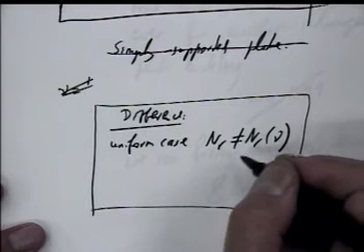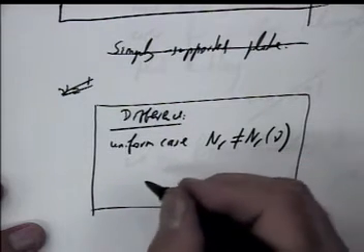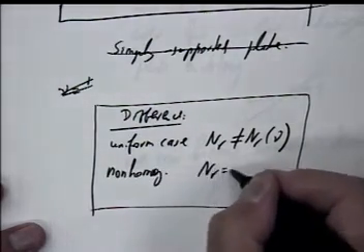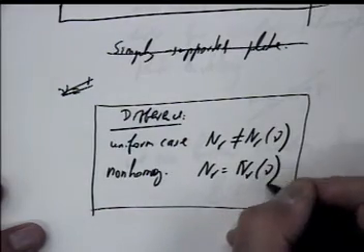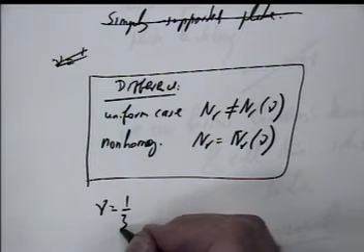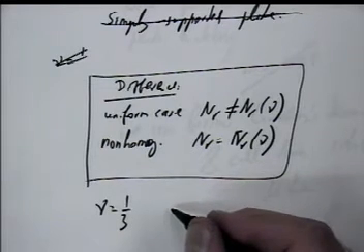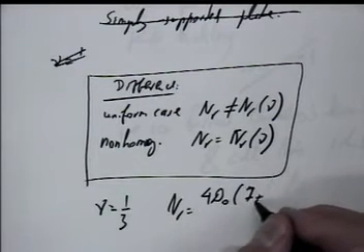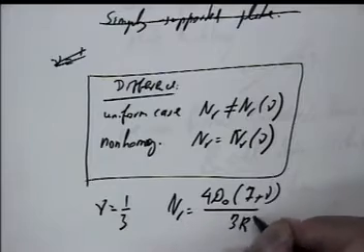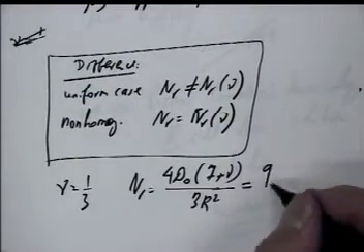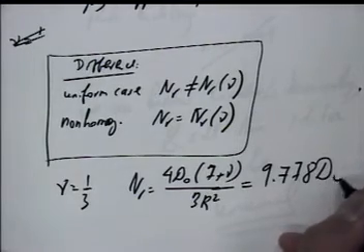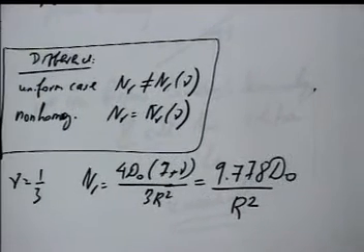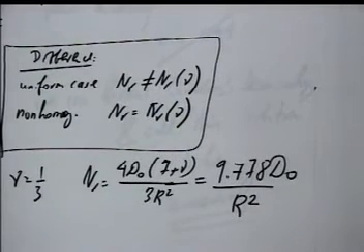It was 14.682 D divided by R squared. In the non-homogeneous case, N_r is a function of nu. So if nu equals 1/3, then we get N_r equals 4 D0 (7 plus nu) over 3 R squared, and if it is 1/3, it becomes 9.778 D0 over R squared. That is what we obtained.